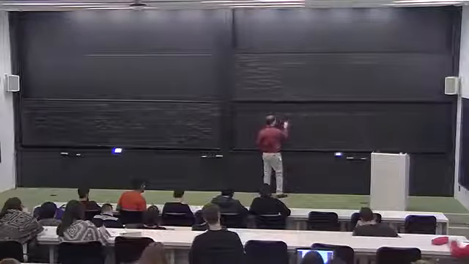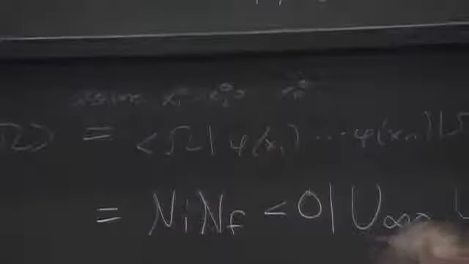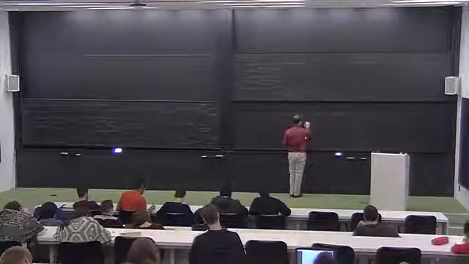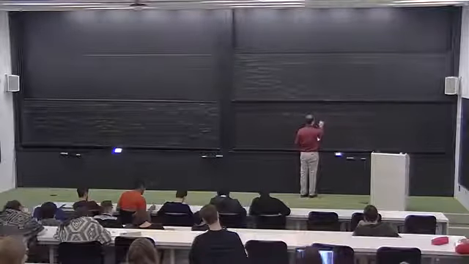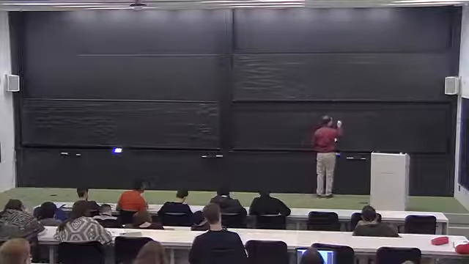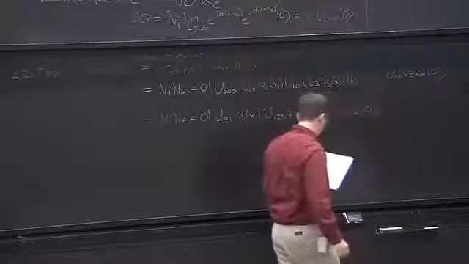We get N_i and N_f 0. This collapses to U infinity t1, phi naught of x1, U t1 t2, phi naught of x2, and so on, up to U t_n minus infinity, 0.